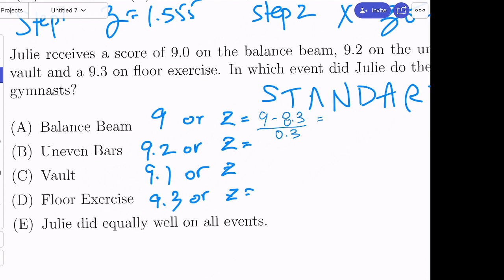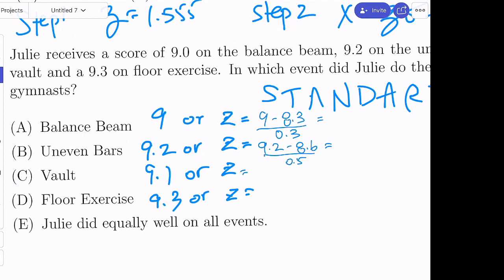And for this one, it's going to be 9.2 minus 8.6 divided by 0.5. So you see they're all different in their mean and their standard deviation. One with a high mean also has a high standard deviation. So you're not sure how to compare them until you adjust them to standard deviations. You have to standardize them.